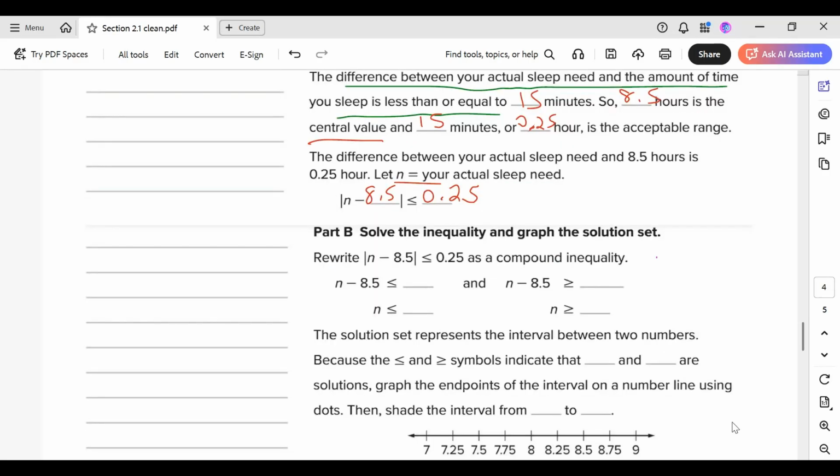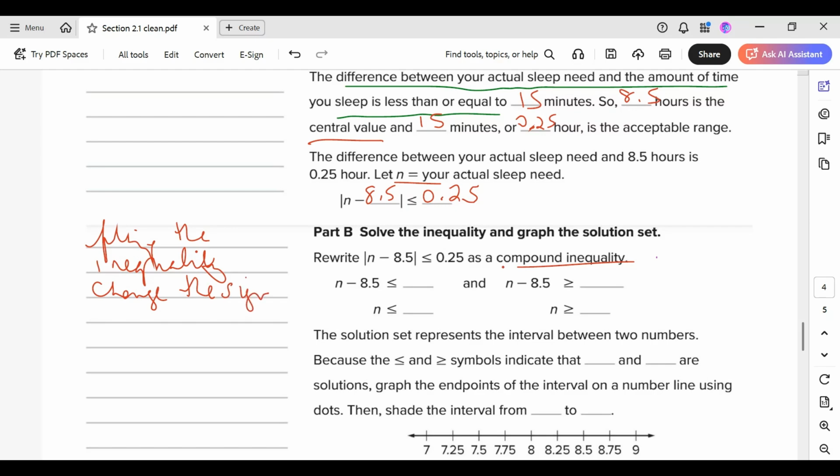On part B, solve the inequality and graph the solution set. So again, we're going to rewrite our absolute value of n minus 8.5 less than or equal to 0.25 as a compound inequality. Again, remember, you have to flip the inequality and then change the sign.